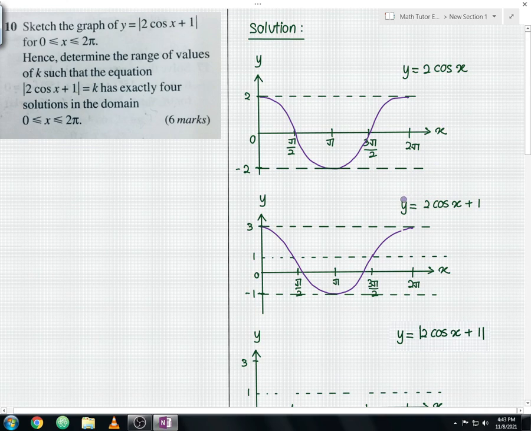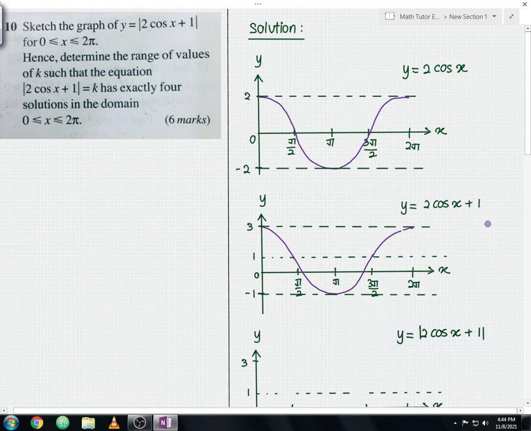Moving on to the graph y equals to 2 cos x plus 1. The shape of the graph still looks the same, but the only difference is that there is a plus 1 over here. This plus 1 means that you are moving the position of y by 1. Let's say in the previous graph you have negative 2.